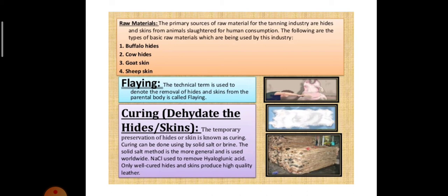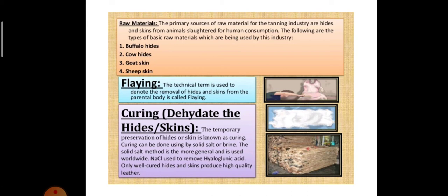Even in our human body, after 5 or 6 hours, the decaying process slowly starts. Hence, the skin or hide should be preserved before tanning. So preservation is very very important. In those days there was no refrigerator in our homes. We used lemon and salt to preserve many food items.